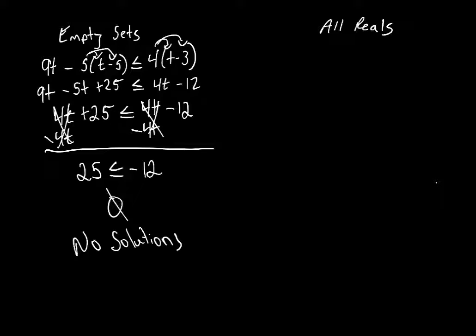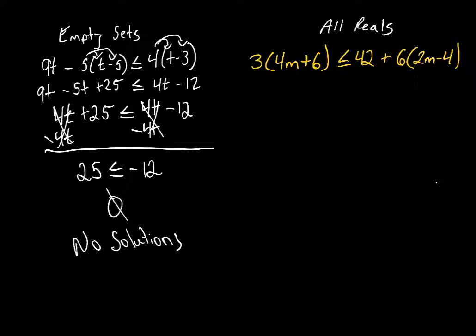Now let's try the other side of the coin with all real numbers. We have 3 times 4m plus 6 less than or equal to 42 plus 6 times 2m minus 4.